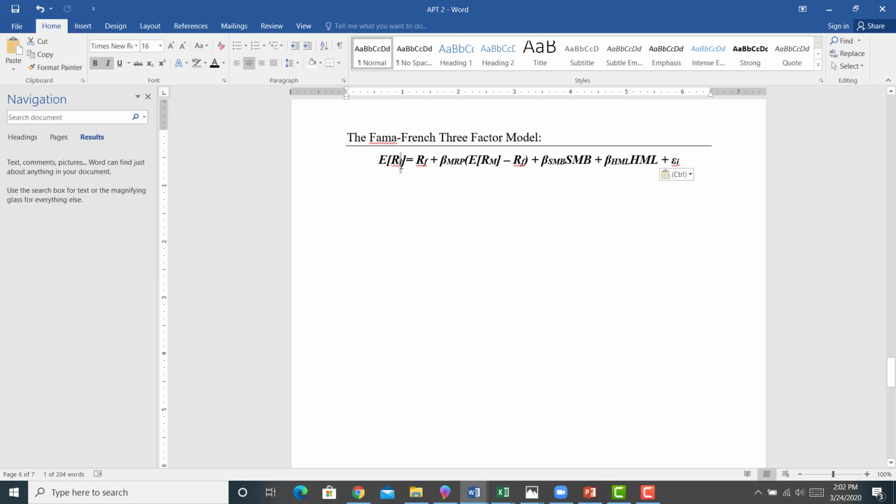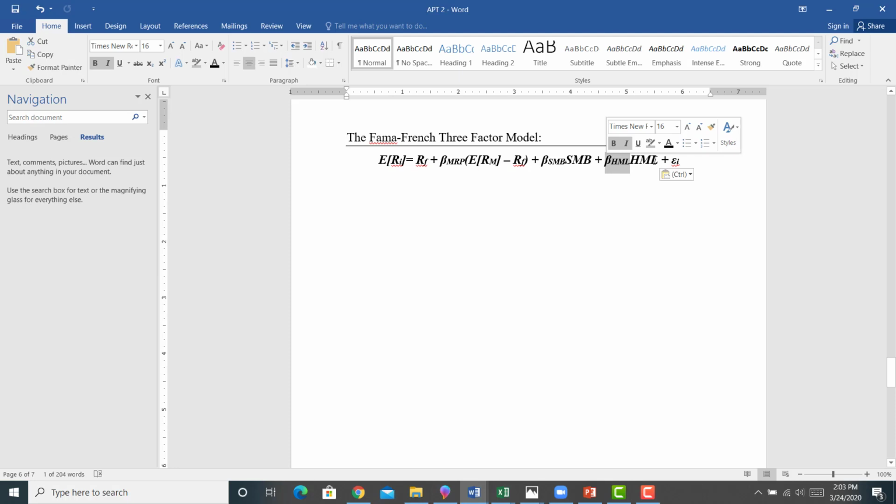Does that make sense? So the expected return for firm i is a function of systematic market-wide risk factors. Okay? That is, HML is not different for Apple than it is for Microsoft. However, the exposure of Apple to HML might be different than the exposure of HML for Microsoft.